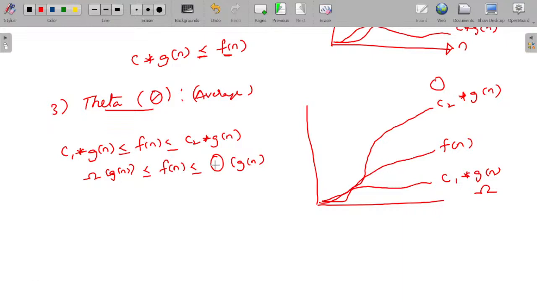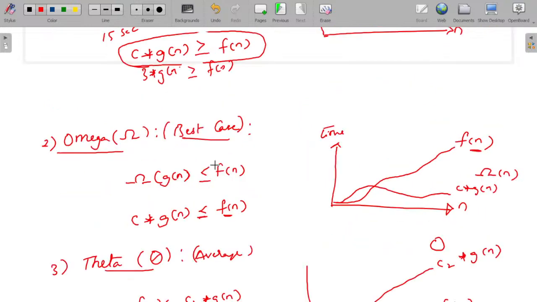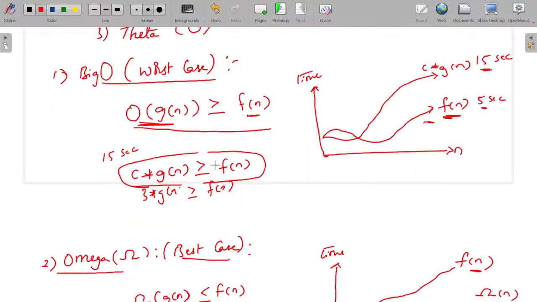Hope you understood what asymptotic notations are. Asymptotic notations are used to represent time complexities. Big O notation is used to represent the worst case time complexity, and it is always higher than the reality time, which is f of n.